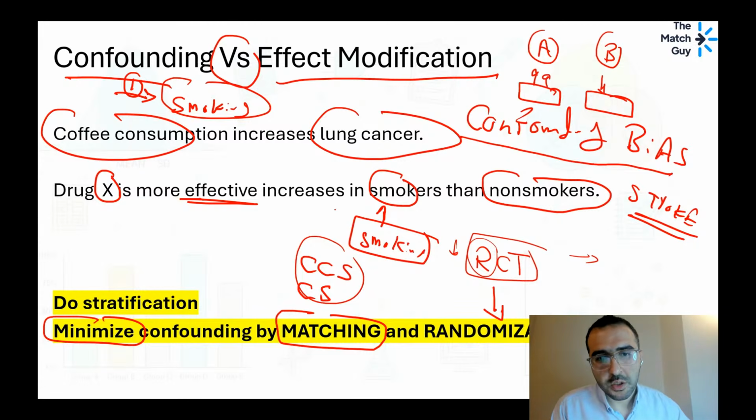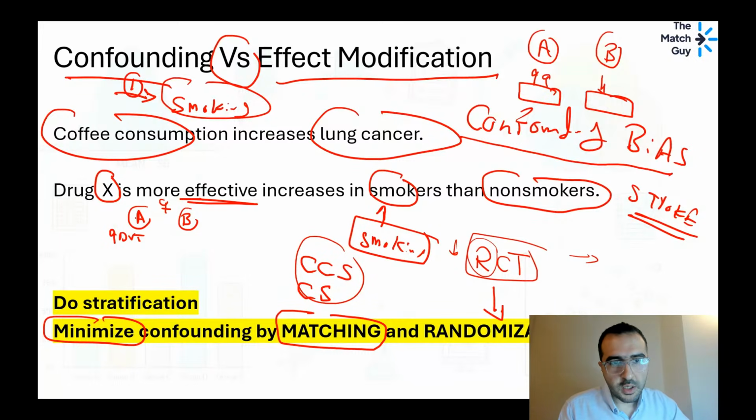Let me give you another example. Let's say that we have drug X that increases the risk of DVT in group A more than group B. So we have two groups of female patients, but drug X is more likely increasing DVT in one. So after further analysis of these two groups, we found that group A have a gene called, let's say, Y. So this gene Y increases the risk of DVT, especially when combined with a medication.